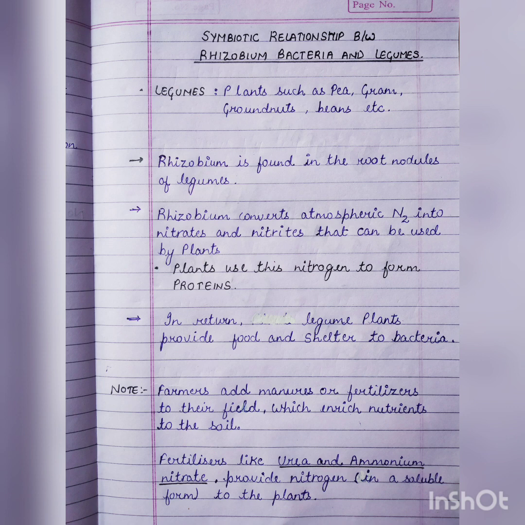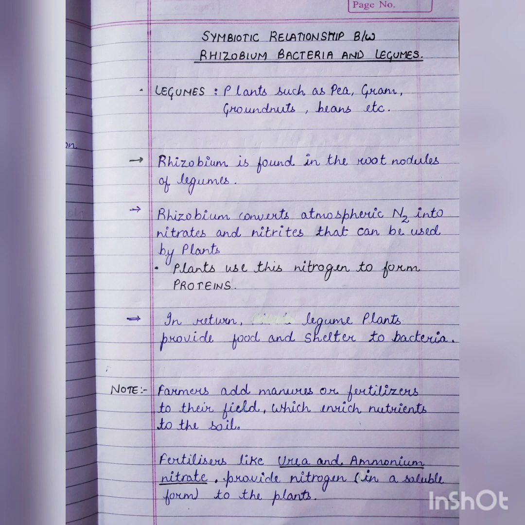In return, leguminous plants provide food and shelter to the bacteria. In this way, leguminous plants and Rhizobium bacteria both are benefiting each other, and it shows symbiotic relationship between them.